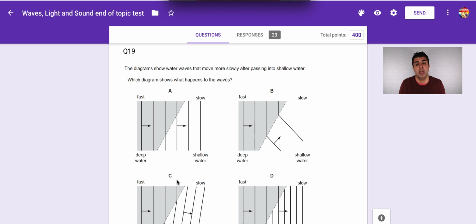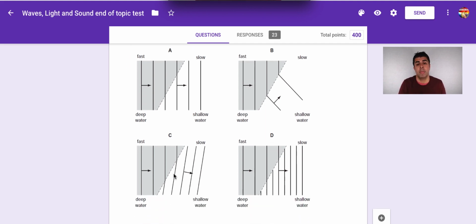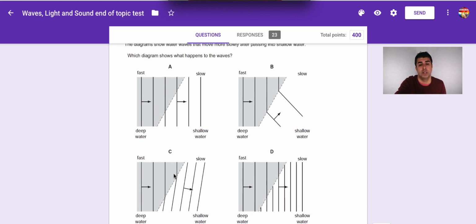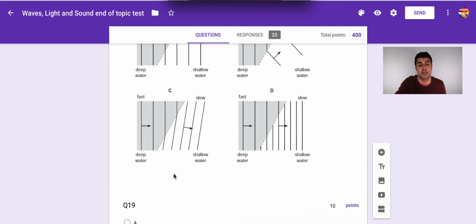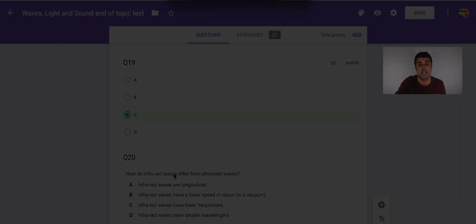And if it goes from deep to shallow at an angle, they will also change direction. So the only waves that are bunched up are in C and D, and the only ones that are changing direction there is C, because of the nature of how it's hitting at an angle. So the answer to question 19 is in fact C.